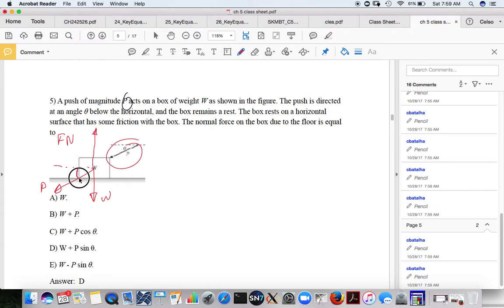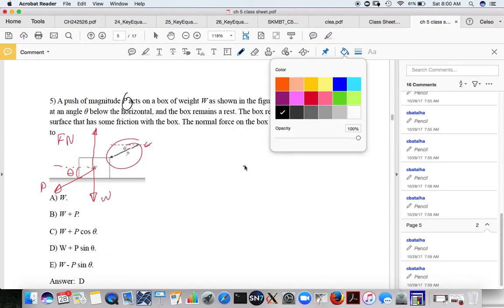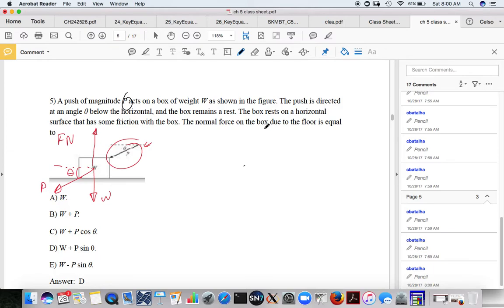And there is an angle theta right here. So I took it out of here, basically. The push is directed at an angle theta below the horizontal, and the box remains at rest.